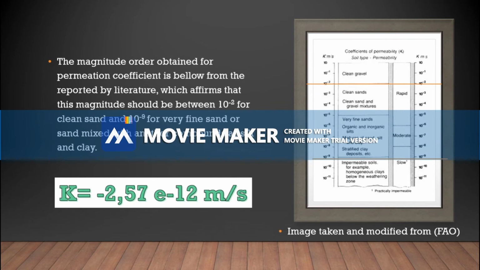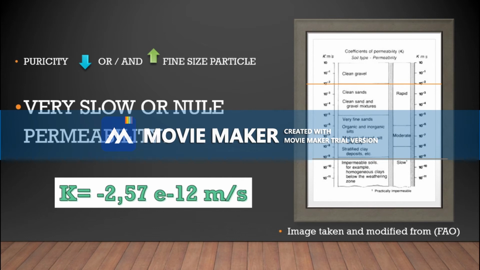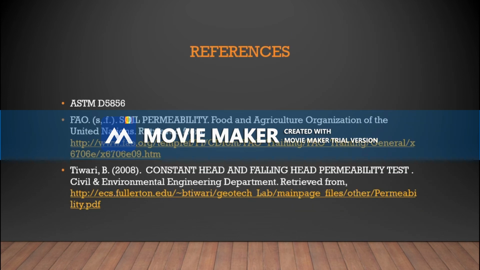Then we can affirm that our sample has a low porosity or a high fineness of particle size. Then it produces a very slow or null permeability. These are the references.